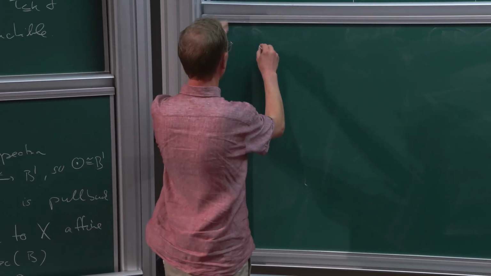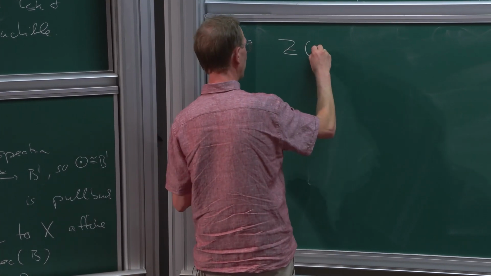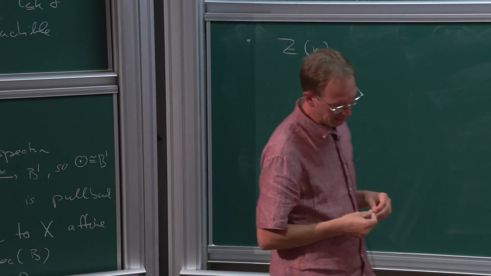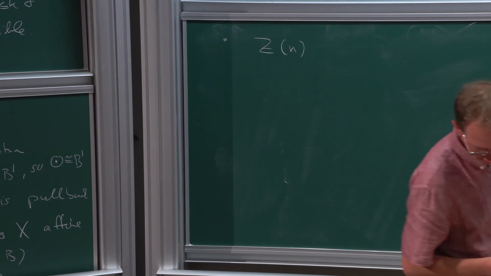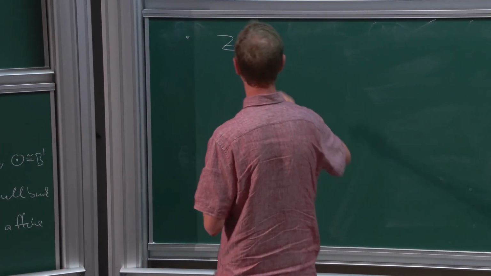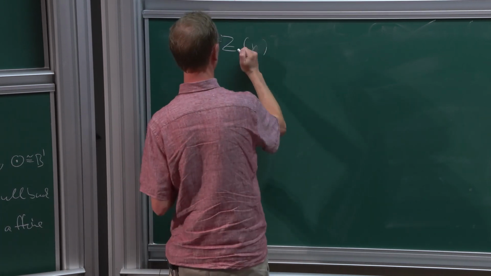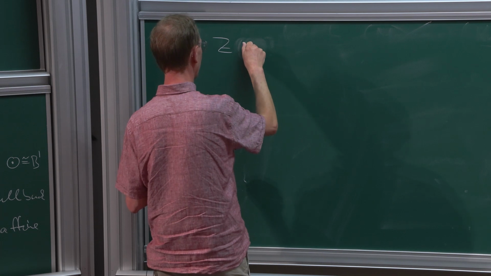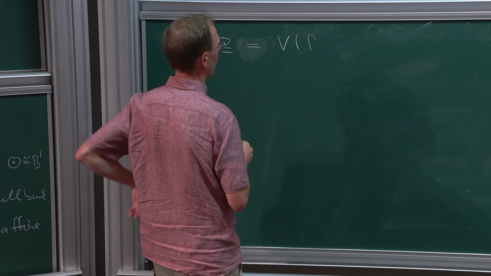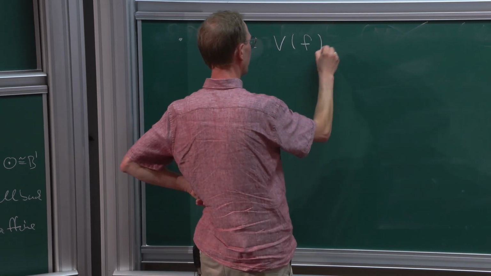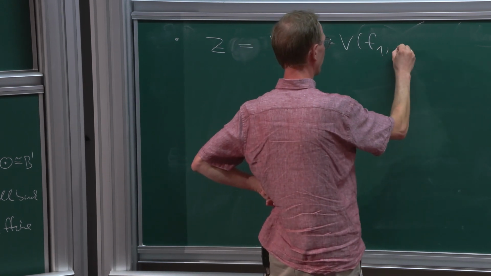First of all, let me define Z, which is the vanishing set of F, more precisely the vanishing set of F1 to Fm.